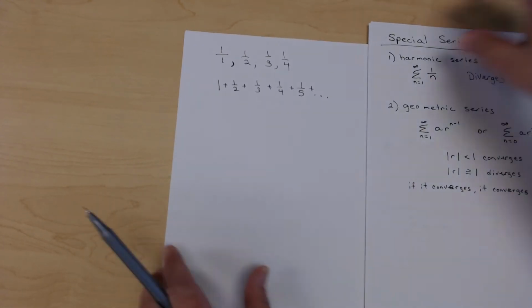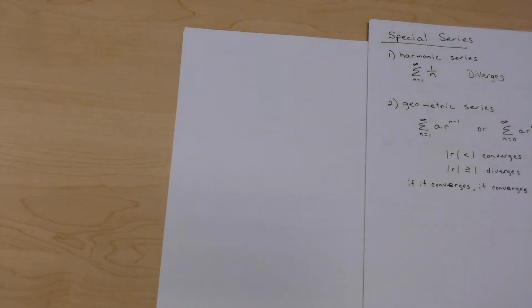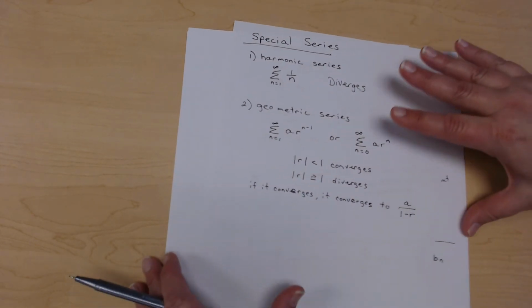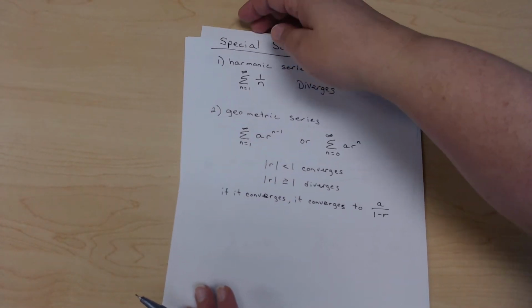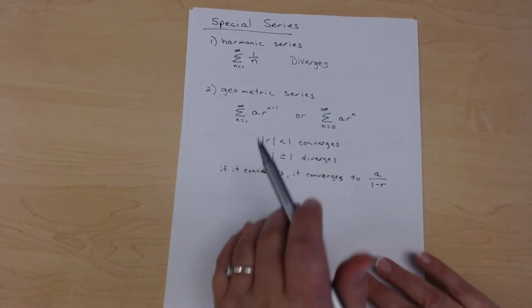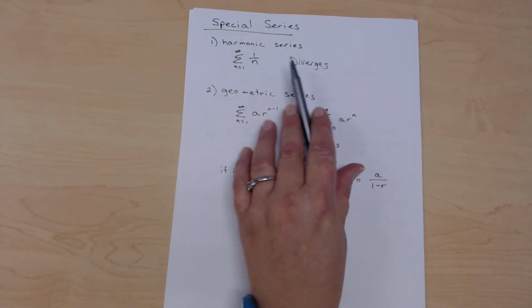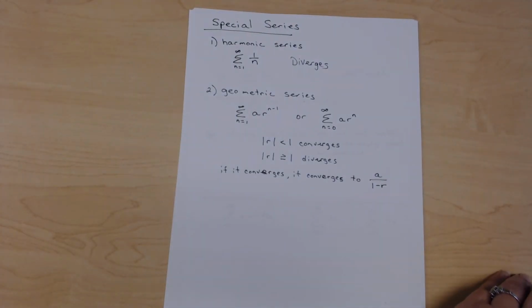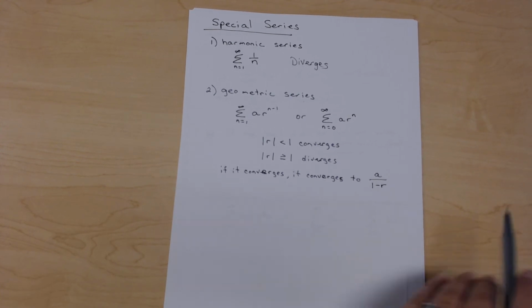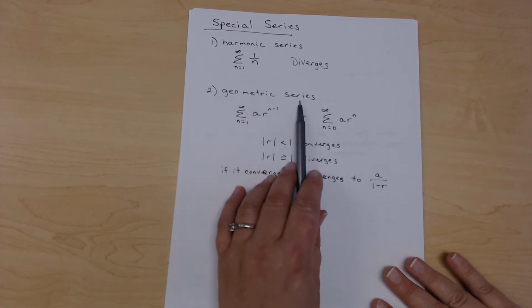Sometimes I wish we didn't even start with sequence. It's kind of a good introduction, it really is, but the rest of the time we're talking about adding, so that's going to change some things. So this one, if you add them, it's always going to diverge, and it's called the harmonic series. Okay, the other thing is the geometric series.